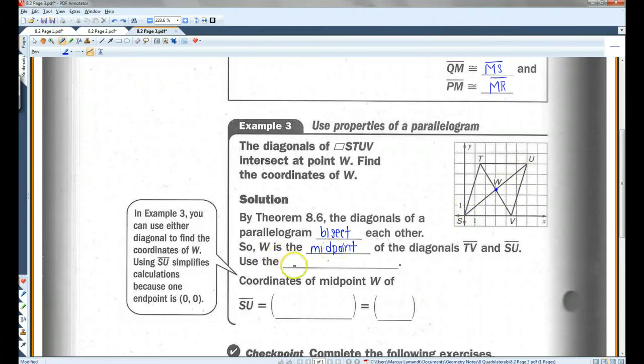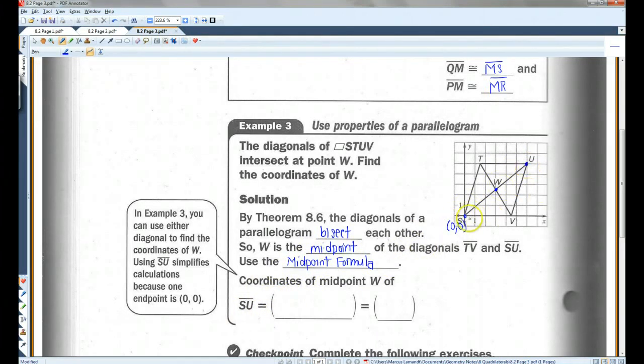So we're going to use the midpoint formula to find W. The coordinates of midpoint W, it doesn't matter if you use this one or this one. Let's just use SU because that's what apparently they want us to use. This is 0, 0.